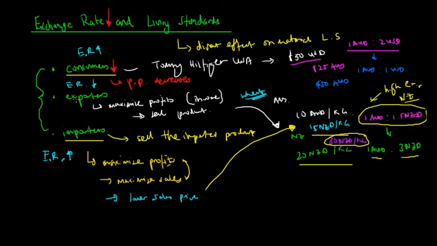But importers will experience a decline in profits and living standards when the exchange rate is very low. So importers want the exchange rate to be high, exporters want it to be low, and consumers want it to be high. And that is how the exchange rate can affect living standards of these 3 major parties involved with the trade of the currency in the international market.